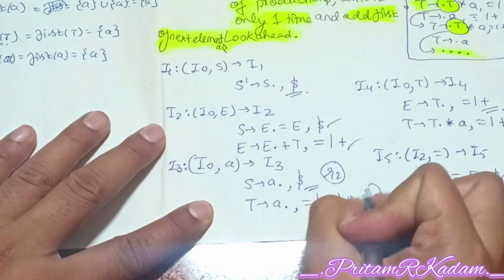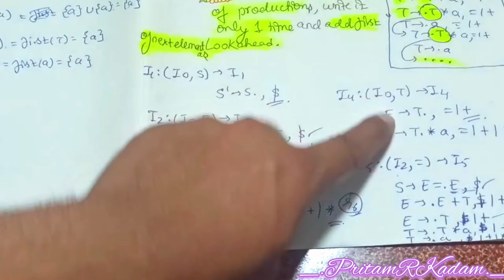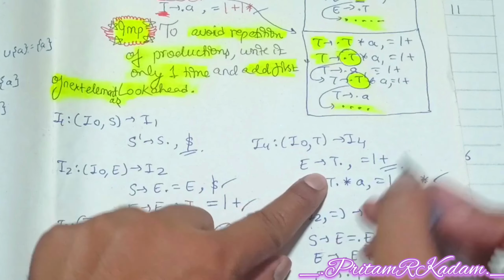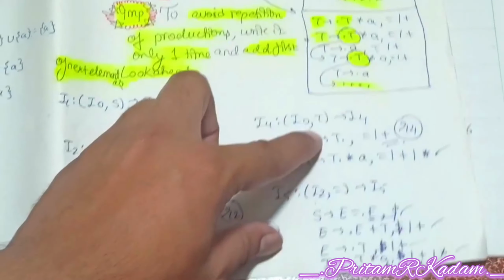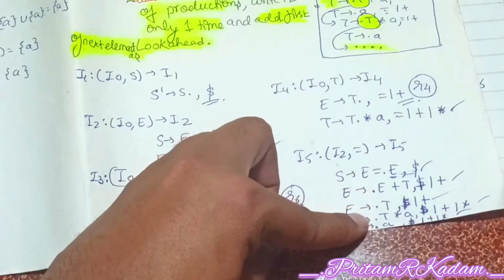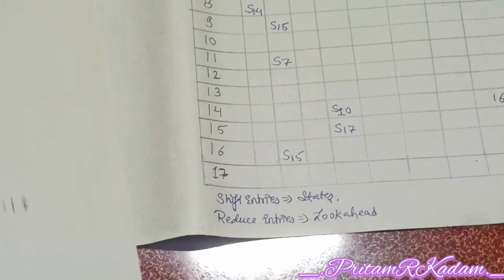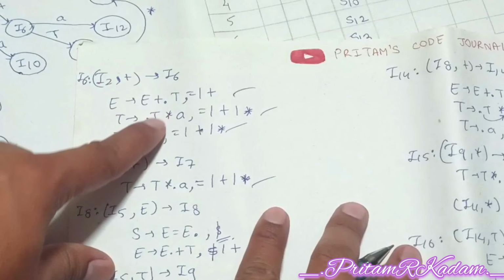So T gives A is the R6 reduce entry. Now for the next part, E gives T dot is which production? R4. So the R4 entry. Now for the next complete state, no, we don't have any over here. On the second page, we can see no.